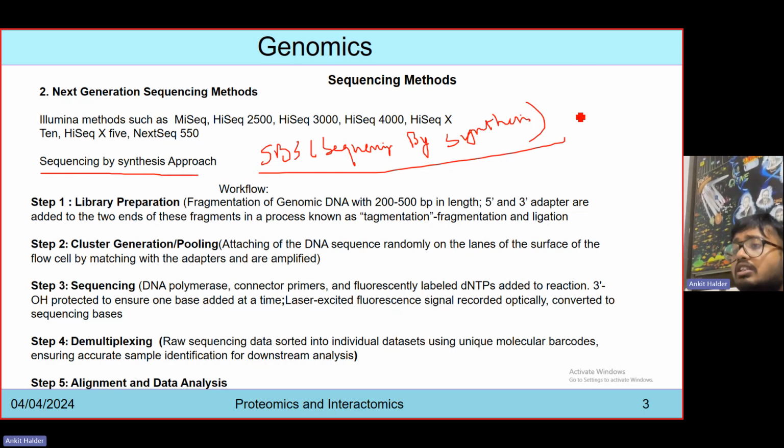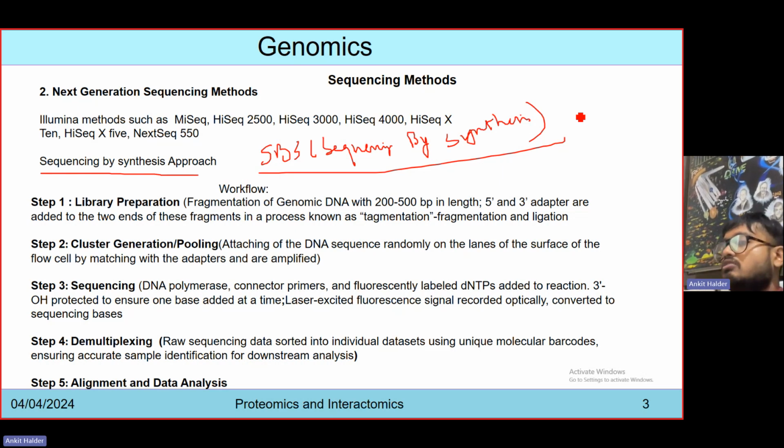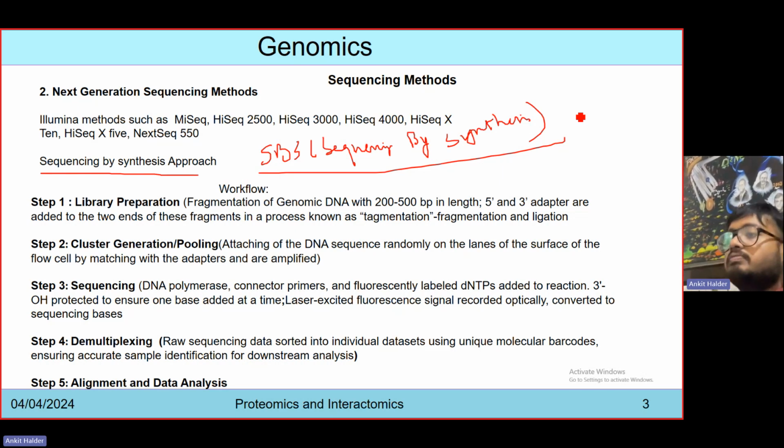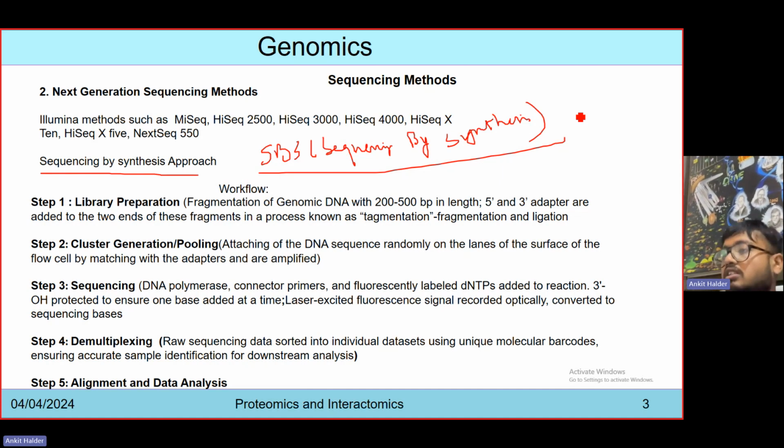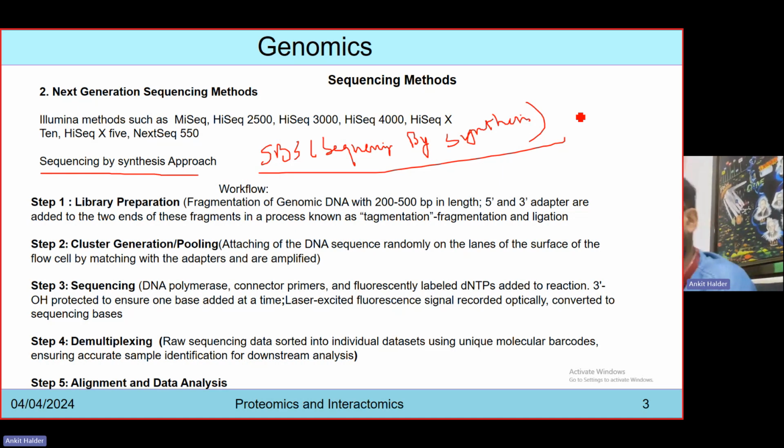So what is the workflow? Library preparation. First you take the DNA and perform fragmentation, giving fragments of 200 to 500 base pairs, and then 5 prime and 3 prime adapters are added.